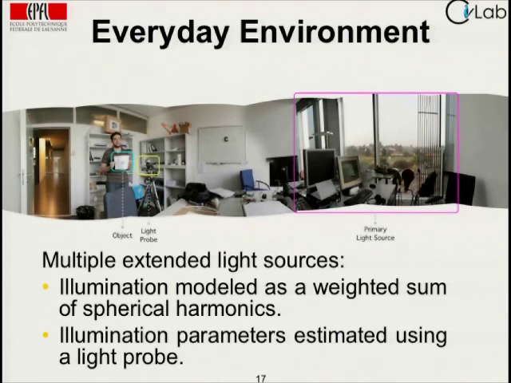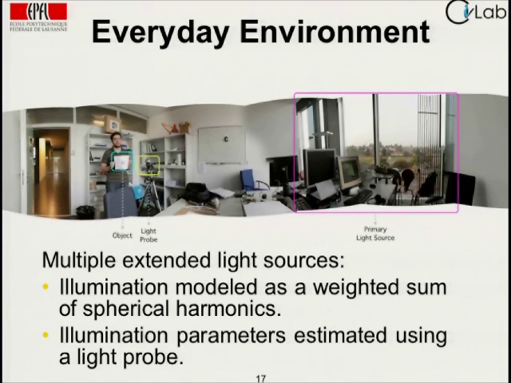Here's an example. Aideen, a grad student who did a lot of this work, is here, still holding a piece of paper. But you may notice that this piece of paper doesn't have that much texture on it. It has a bit of texture in the center, and not that much on the side.